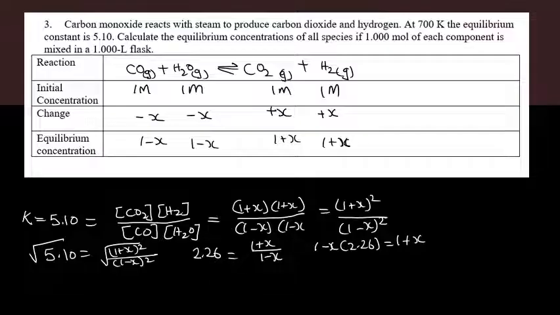And now I will expand on the left side. 2.26 minus 2.26x equals 1 plus x on the right side. And then I'm rearranging now: minus 1 from the right side changes to minus 1 on the left side, and x on the right side plus 2.26x, that is negative 2.26x on the left side, will change to positive 2.26x on the right side.